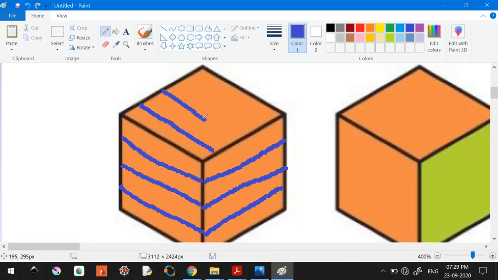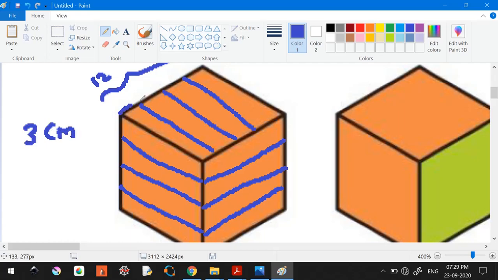I hope you understood why I am taking 3 lines here and 3 lines here. This side is total 12, and we need cubes of size 3 centimeter, so 3, 3, 3, which means I need to divide this side into four equal parts, which is why I have taken 3 lines, so that it will make 4, right?